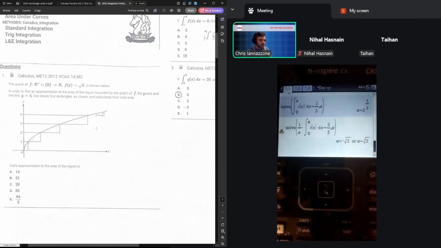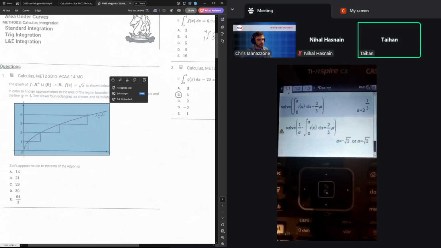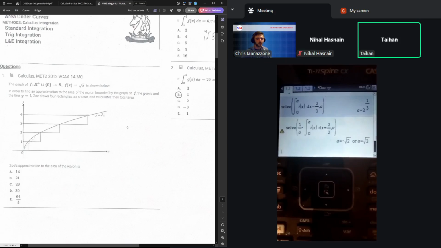Yeah, certainly. So maybe I'll still throw it back to you, which is, how do we do rectangle rule? Like, what's the whole idea? As in the approximation? Yeah, this approximation. Forget the specifics of this question. Just in terms of how we use rectangle rule to approximate area, what are we actually physically doing?